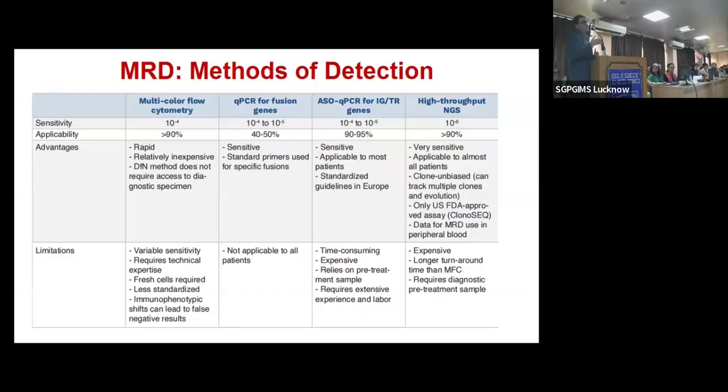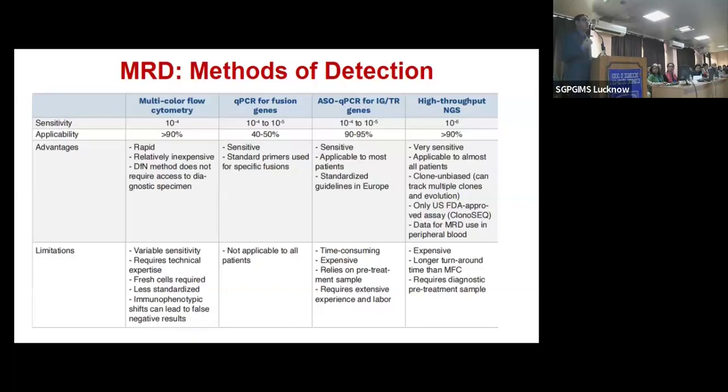So till the time we don't have clinical trials to address the question of what level of sensitivity we really require for MRD, and when we should intensify the treatment and when we should de-escalate the treatment, I feel we can definitely use all these methods for research purposes, for generating our own data. But from the practical point of view, what we should really be doing as a clinician is a matter of debate.